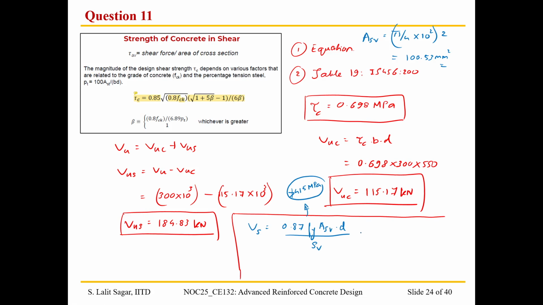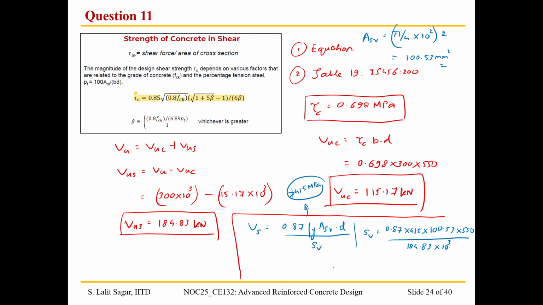Let us substitute all the values and see what we are going to get. SV is equal to 0.87 into 415 into 100.53 into D, which is 550, divided by 184.83 into 10 to the power 3.